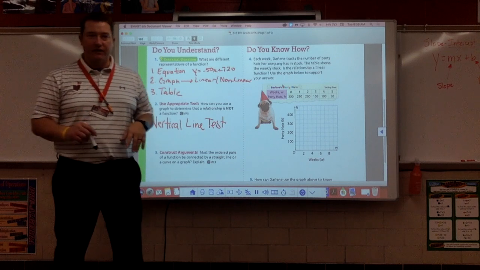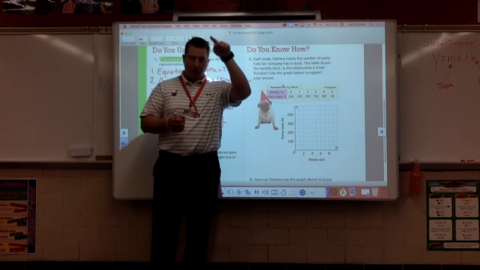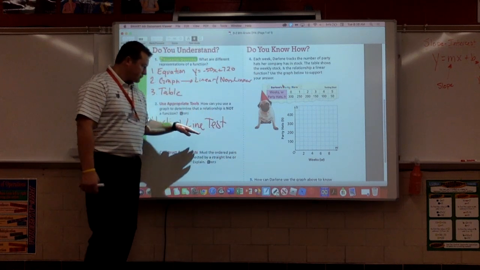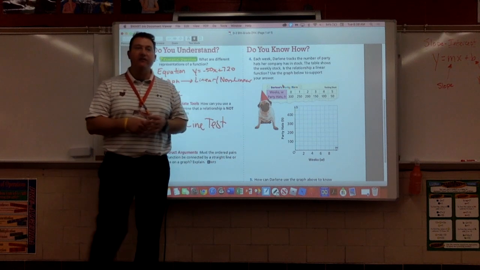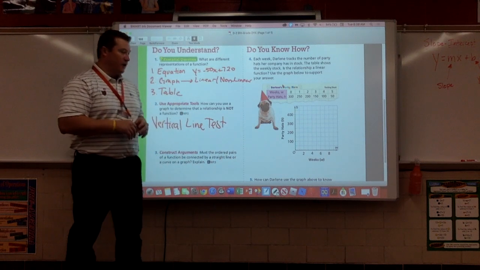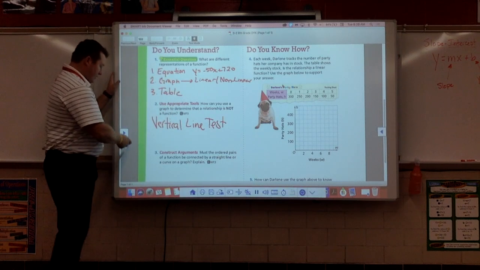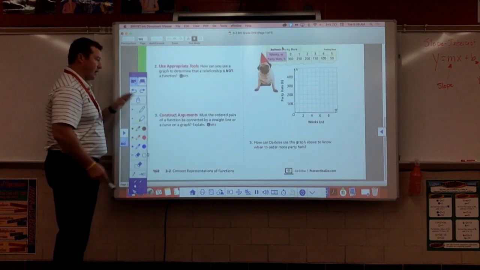Can somebody explain what that is again? So guys, remember, that's where we draw a vertical line that goes through our function. As many vertical lines as we can, and if it only goes through the function one time, then it is still a function. Okay? I love the vertical line. Yep, it's a great test. We all love it.